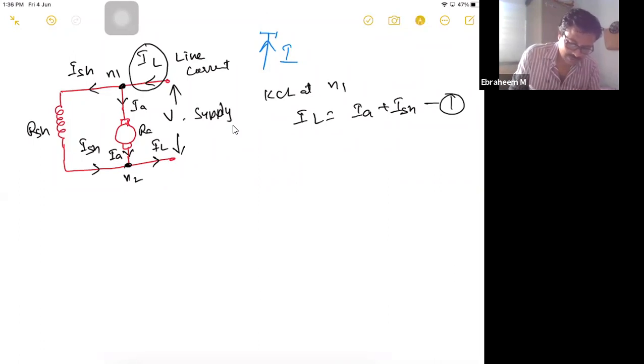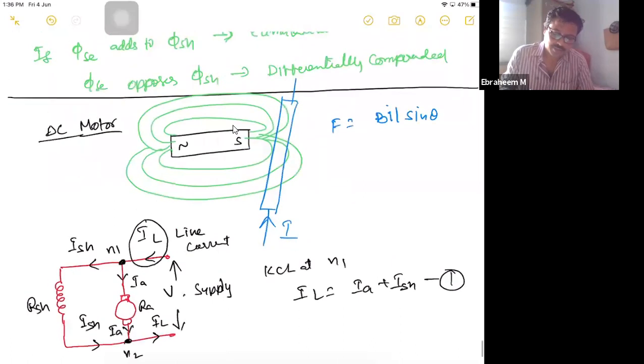So it has armature resistance as usual, right? But here we are supplying current to the conductor. We supply electricity to the conductor, and as a result it moves because the electrical energy is converted into mechanical energy, and hence it will put the conductor into motion.